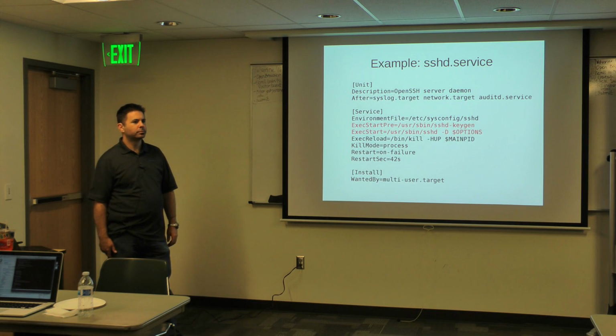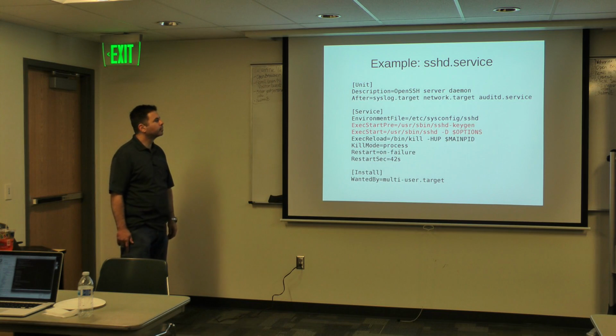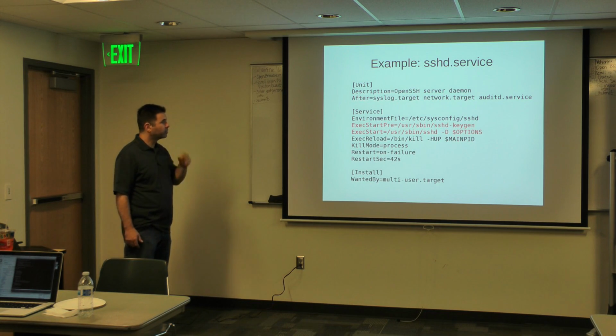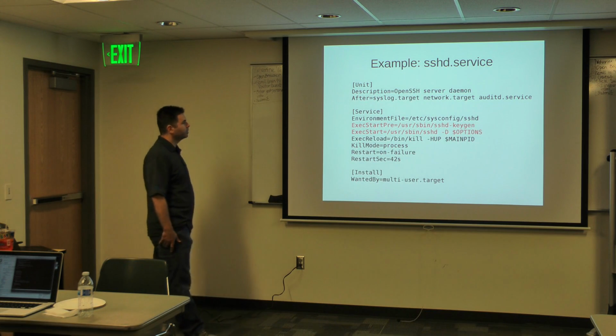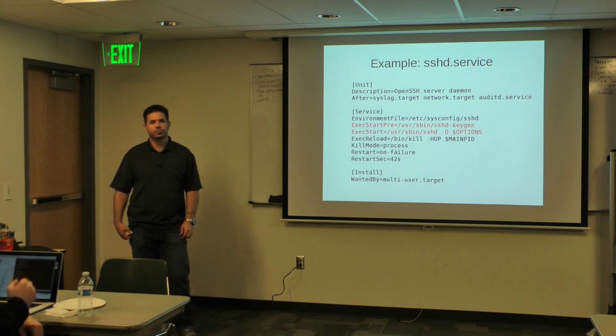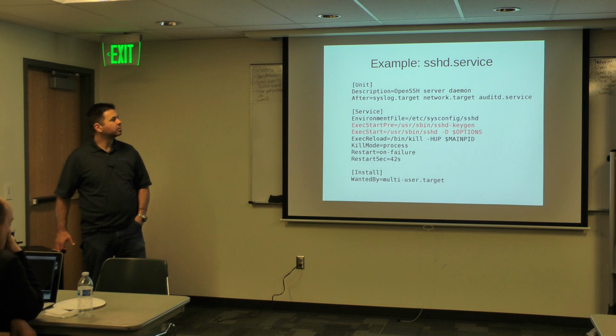Otherwise, it's kind of like combining everything together. So in your ExecStartPre, if you wanted to do others, you should be able to create an inherited unit file and just put more of those. Like for example, in the unit section, you can have After syslog, After network, After audit.